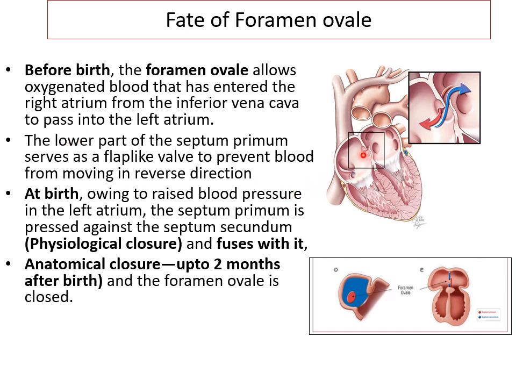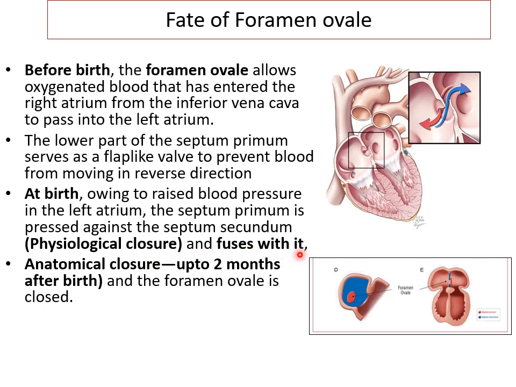Now this is a flap-like opening. At birth, what happens? The pulmonary circulation suddenly starts, so the pressure in the left atrium increases, oxygenated blood starts coming from the pulmonary veins, and the placenta shuts down. So this septum primum then gets pressed against the septum secundum, and there is a physiological closure which happens immediately after birth.